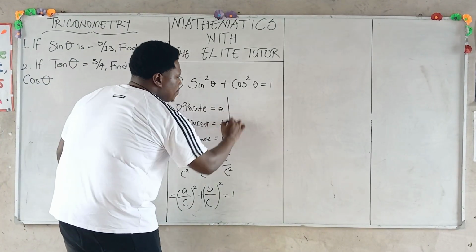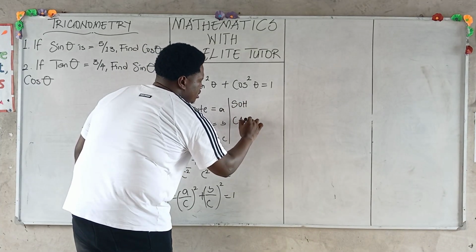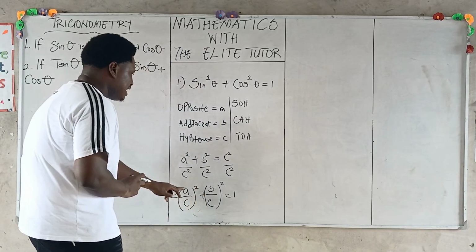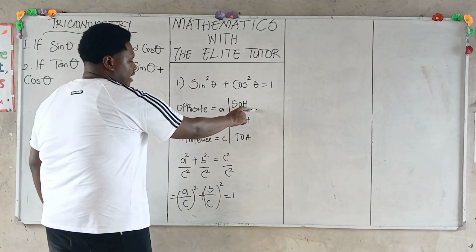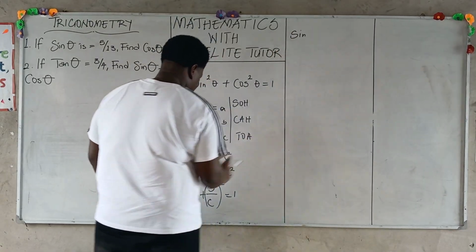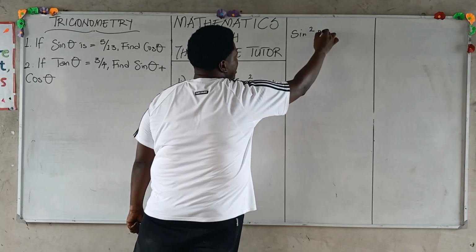Now let's go back to our SOHCAHTOA. So we have that our A is our opposite and our C is hypotenuse. Opposite over hypotenuse, which is our sine. Don't forget you have your square, sine squared theta.